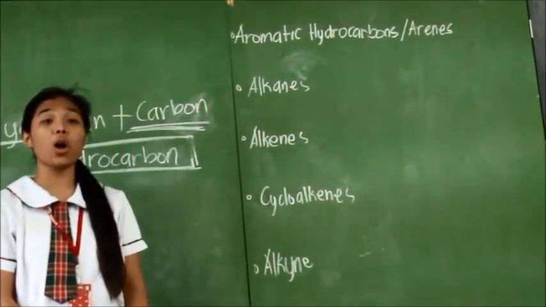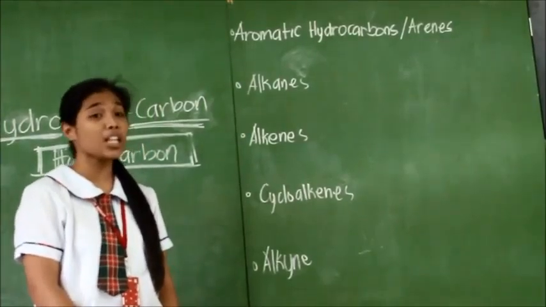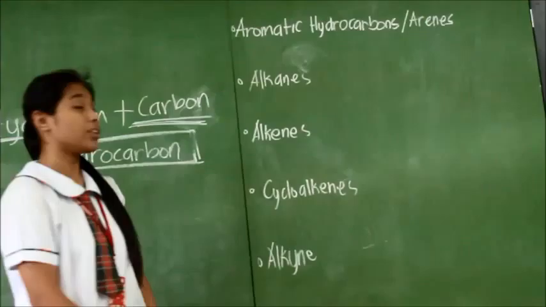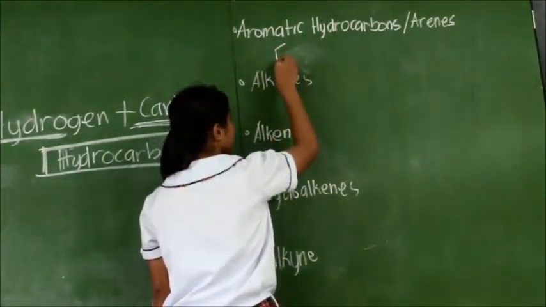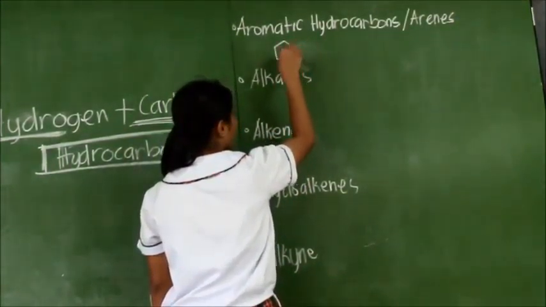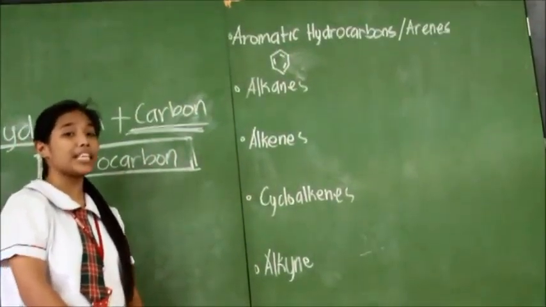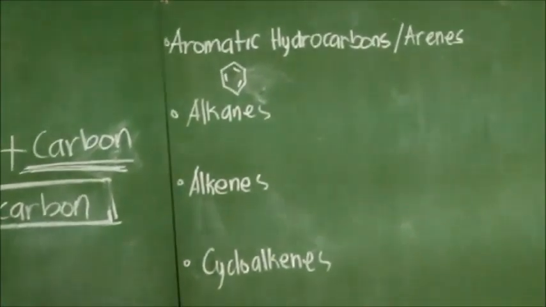These are the type of hydrocarbon with alternating double and single bonds between carbon atoms forming rings. For example, the benzene ring. As you can see, it has alternating double and single bonds between the carbon atoms attached to it.